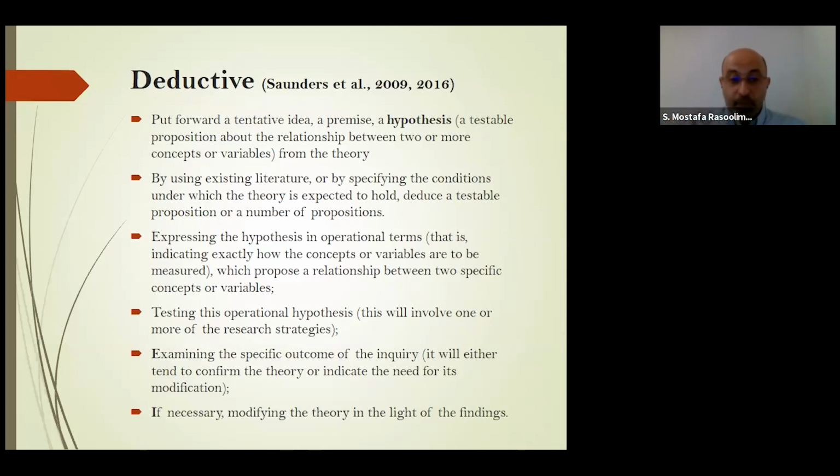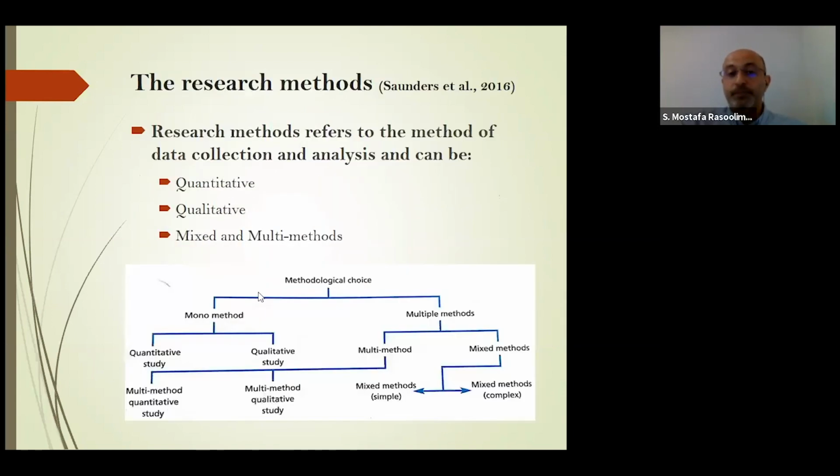We test hypotheses, and at the end we confirm theory or modify theory. So this is the second layer. For quantitative research, our research paradigm can be either positivism or realism based on our research, or pragmatism. Research approach: for quantitative research, our research approach is the deductive research approach.